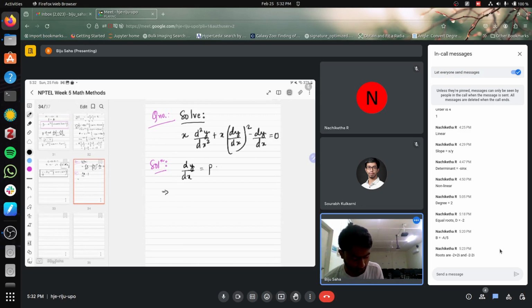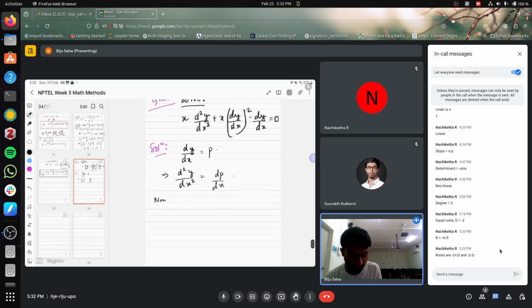So your d square y by dx square would be dp by dx. So now the equation looks like x dp/dx plus x p square minus p is equal to 0.